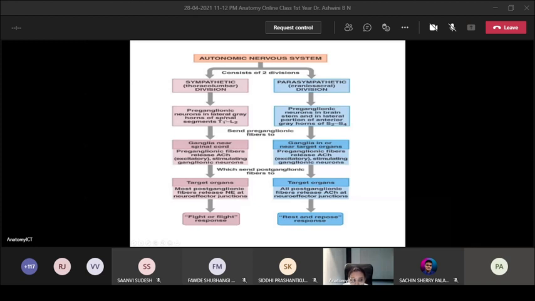They terminate in different segments, so they are multisegmental, whereas postganglionic fibers are unisegmental. They pass through a single segment, the spinal nerves. The sympathetic outflow is for the fight or flight response, whereas parasympathetic is for the rest and repose response.